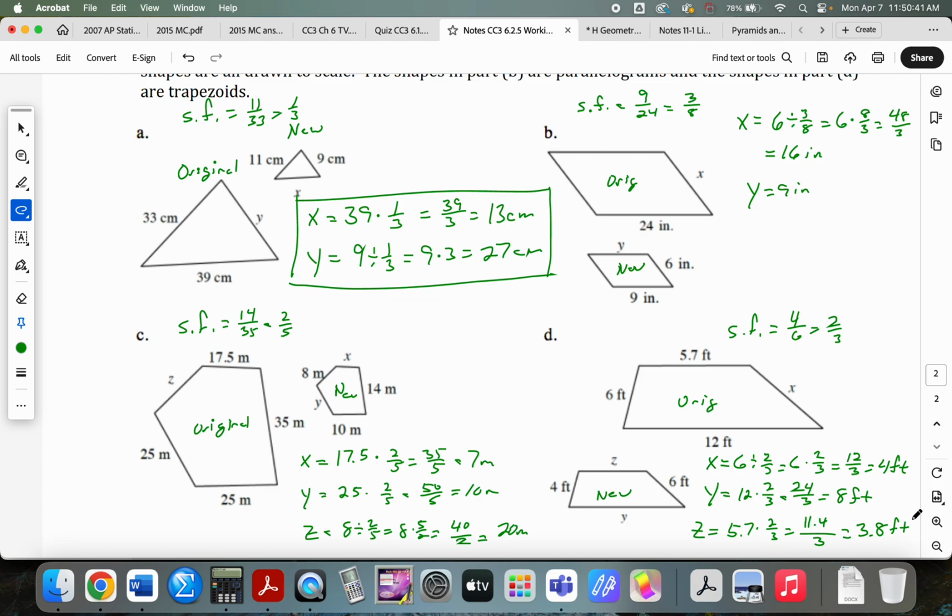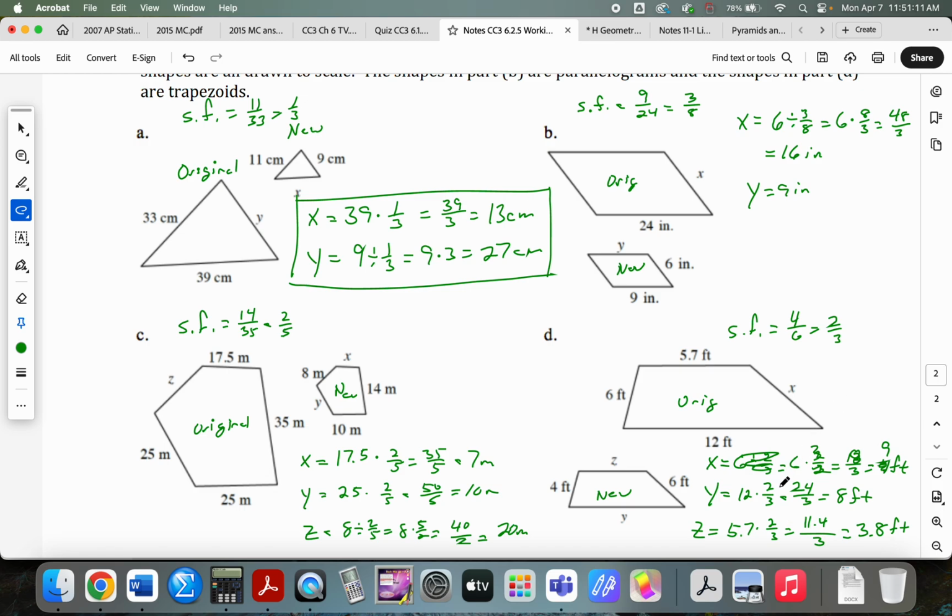I got 1.5 from dividing 6 by 4. Hang on a second. I wrote it wrong on mine. So X should be 9 feet. Yes. Good. All right.